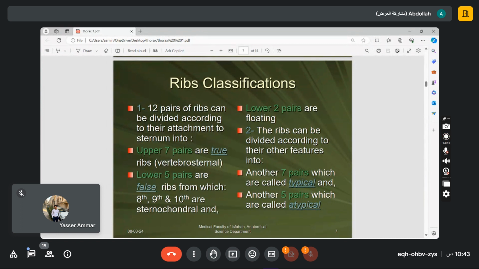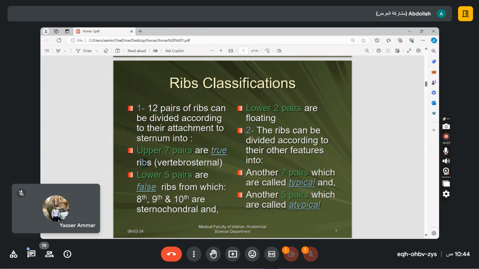According to the joint, or true or false, the upper 7 pairs of ribs are called true ribs. The lower 3 pairs are false ribs, including ribs 8, 9, and 10.